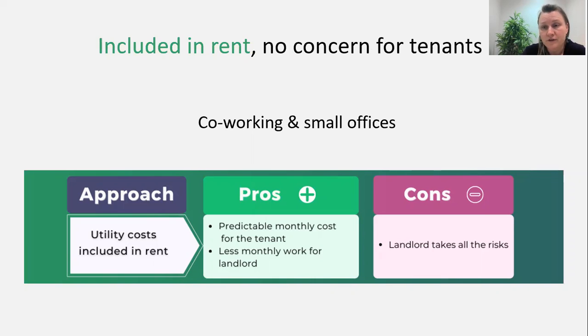Their consumption of electricity, water, and so on is pretty similar in profile. Because of that, it is less work for a landlord. You don't have to do any calculations on a regular basis, and it's straightforward for both sides.